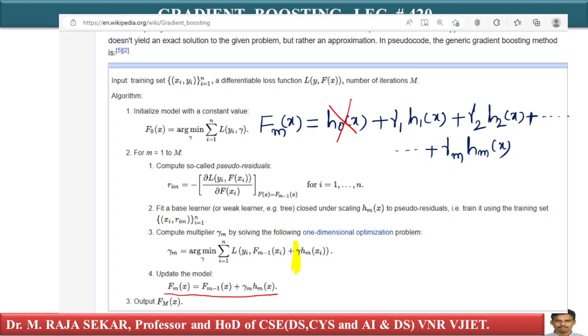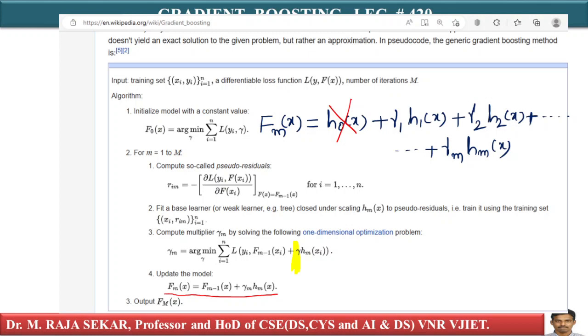At the end of all these iterations, what do you have? Fm of x. What are your base learners? Each of the base learners can be hm of x. Very popular thing.